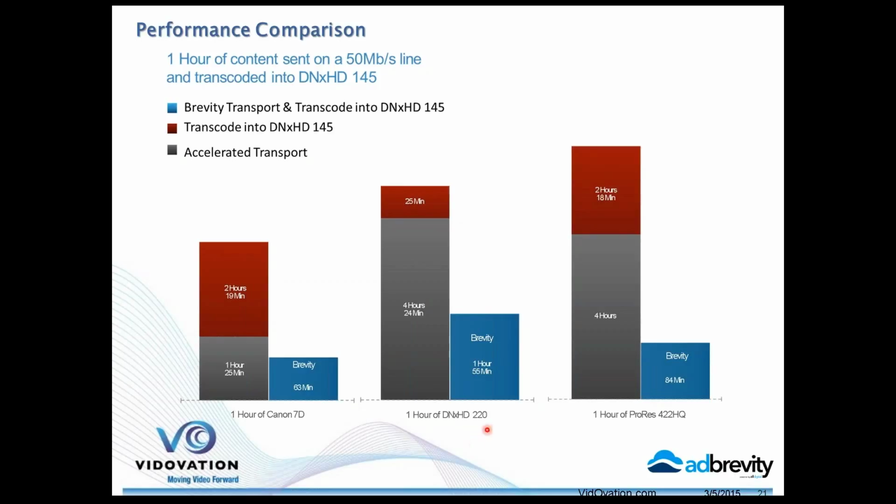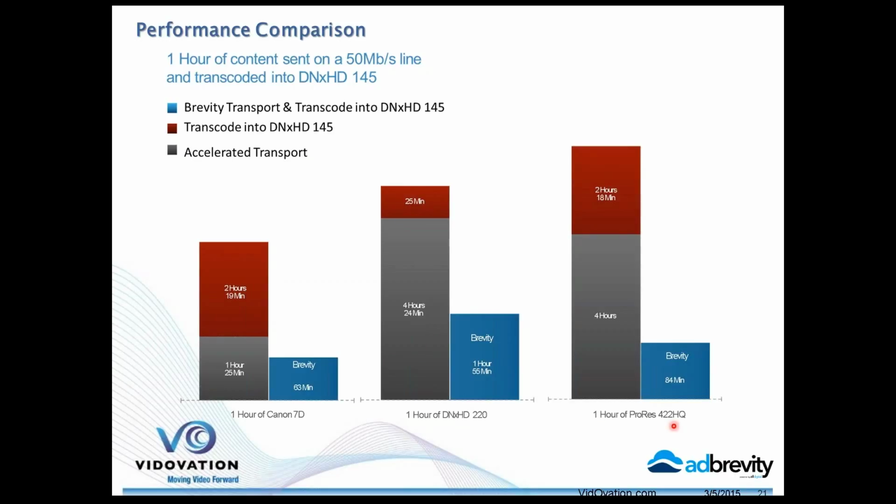Transcoding not so much, because we're in a similar format, just going from 220 to 145. But look at Brevity; it chops it down. Most of the gain there is in the transport. That looks like a little under 5 hours to a little under 2 hours. You see that enormous gain.